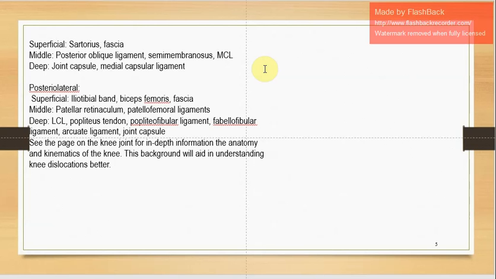In the middle you have the patellar retinaculum and patellofemoral ligaments, and in the deep layer you have the lateral collateral ligament, popliteus tendon, popliteofibular ligament, fabellofibular ligament, arcuate ligament, and the joint capsule.